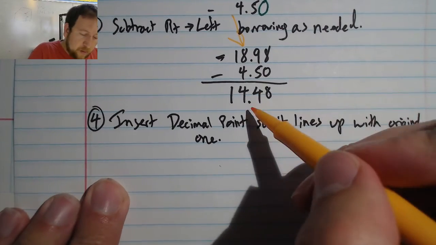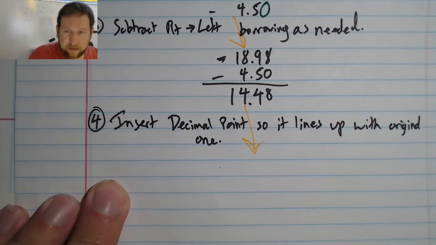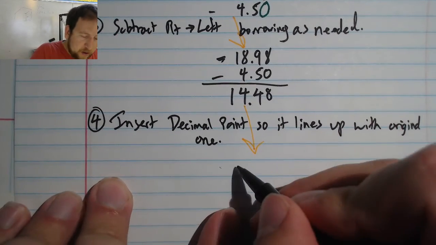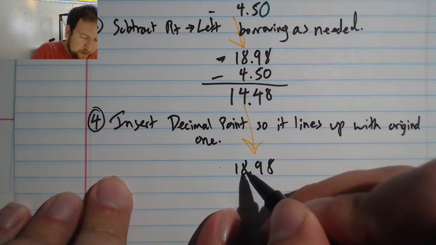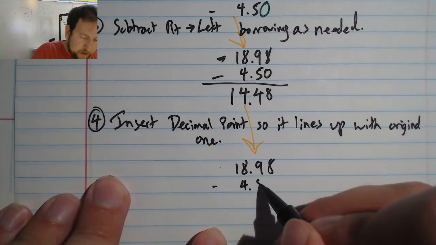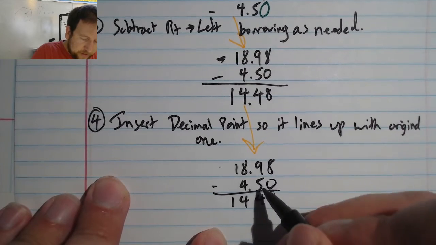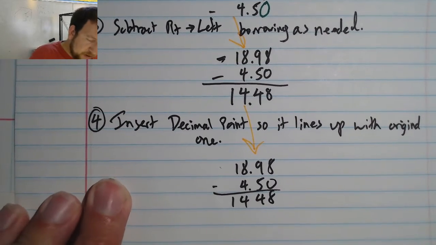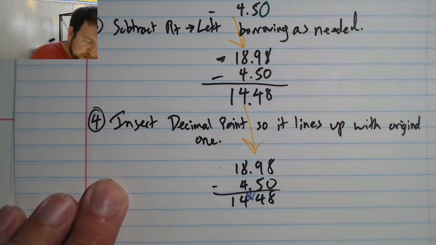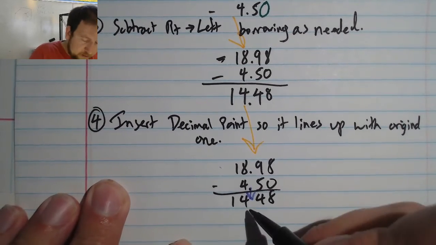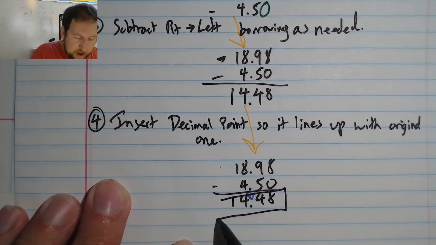And I'll bring it back down just to show that final step, even though I kind of already did it. We have 18.98 minus 4.50 is 14.48. And then I'll bring down this decimal point to represent the spot that it's in, and I'll bring it right here for our answer.